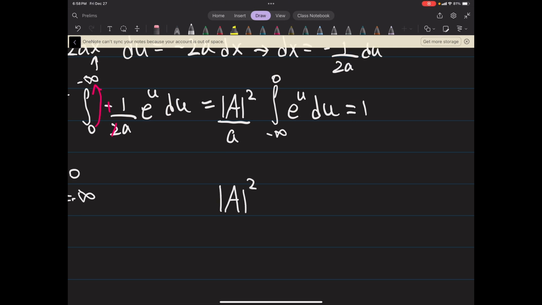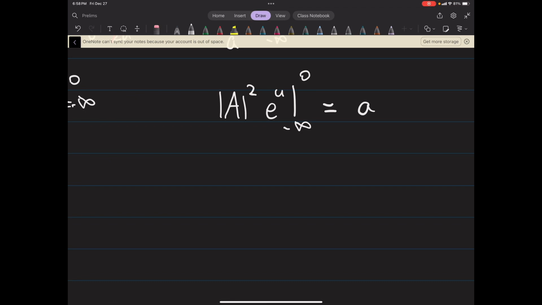So this is obviously just the integral of e to the u, a pretty easy integral to do. It equals A squared over a times e to the 0 minus e to the minus infinity, which equals 1.